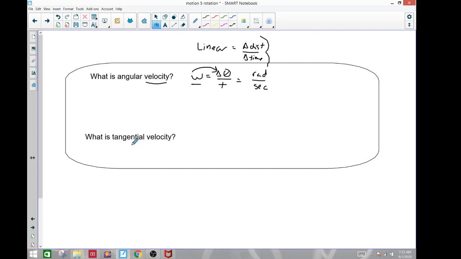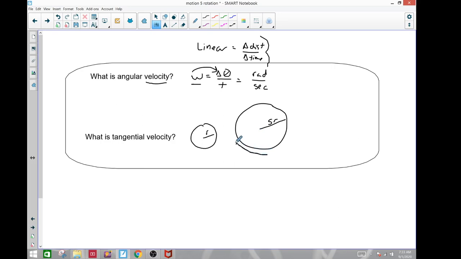All right, what's tangential velocity? Again, this is a situation where we could have 2 wheels, one big, one small. Let's say this one is 5R and this one is R, and they're rotating at the same rate. This one makes a rotation, this one makes a rotation. But even though they're spinning at the same rate, this one is traveling a larger distance.